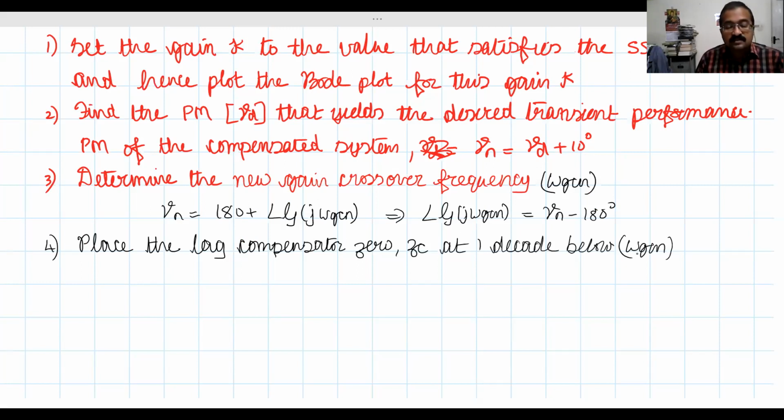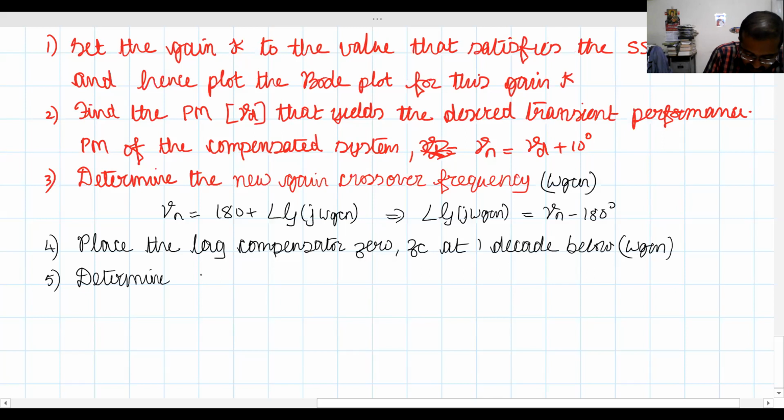Right, now what next? We have to calculate where our compensator pole is. What is the compensator pole? 1 by alpha T. So we have to determine the parameter alpha. Step 5. Determine the parameter alpha.